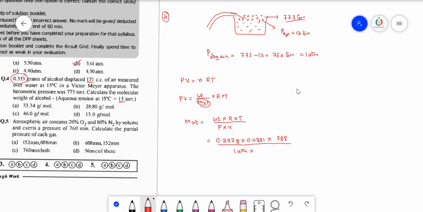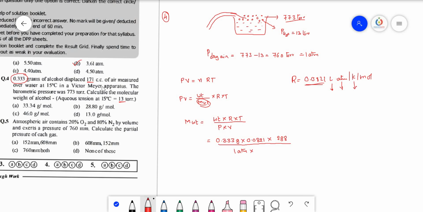Here R value is in liter atmosphere. So you just see here, R value equals 0.0821 liter atmosphere per Kelvin per mole. That means volume must be in liters, pressure must be in atmospheres, temperature must be in kelvins. In such case only this R value is applicable and valid.